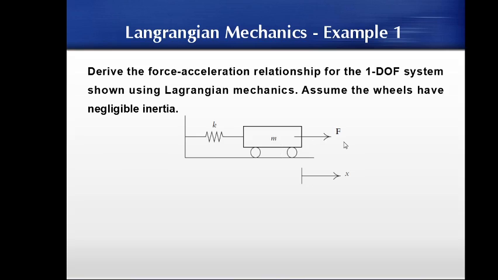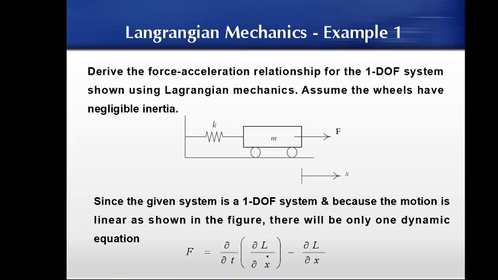There is a force acting, and we need to derive the expression for this force for the given one-dimensional system. It is said that the wheels have negligible inertia, which means the rotational effect of the wheels can be neglected for the time being.